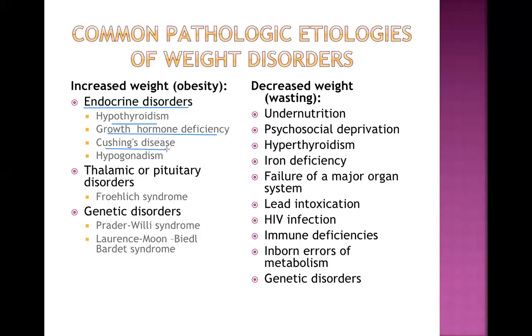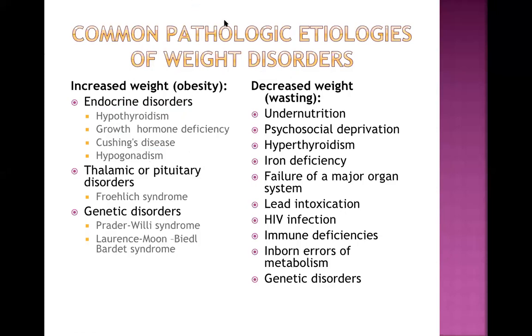Cushing syndrome or Cushing's disease is an increased level of glucocorticoid, increased, okay, not decreased. It's always increased level, and many of the time the disease starts from the adrenal gland, but sometimes the disease is also located in the pituitary gland. Hypogonadism is the decreased level of sex hormone.